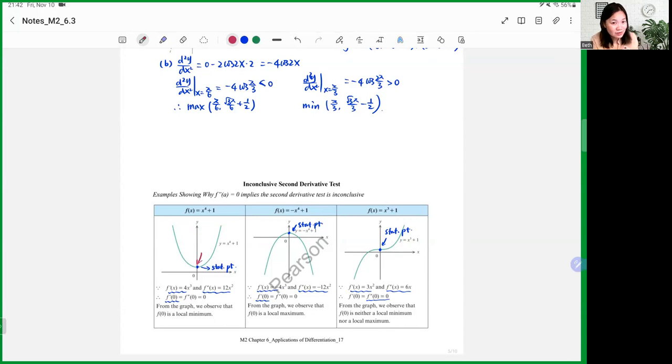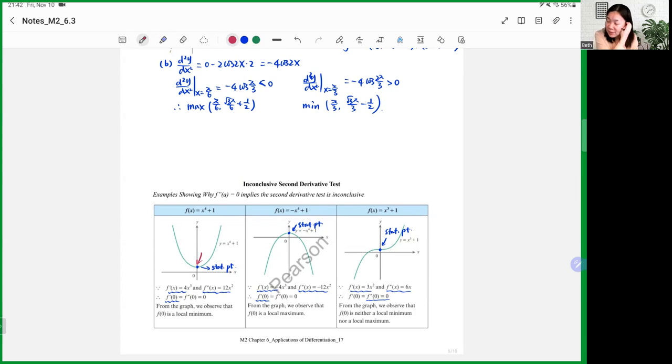So the second derivative is not necessarily positive. Sometimes it can be 0 on a concave up curve. And this one is concave down. Most of the places, the second derivative is negative, and then sometimes there is only one point with second derivative equals 0.